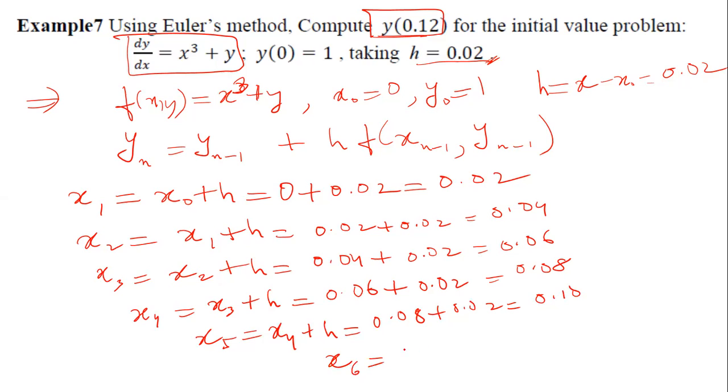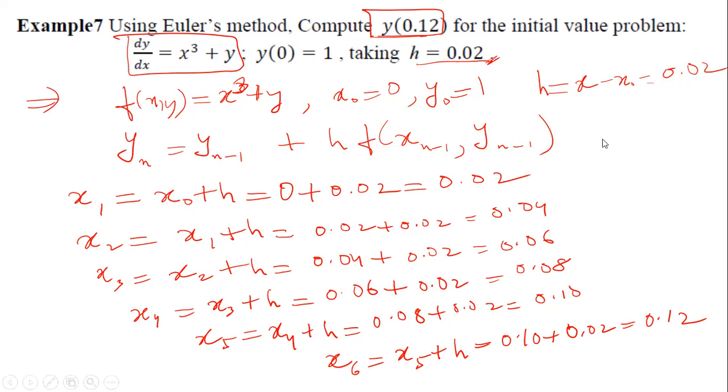My x6 will be x5 plus h, 0.10 plus 0.02, which is 0.12. So if I choose my step size h as 0.02, to arrive at 0.12 I have to compute till x6.